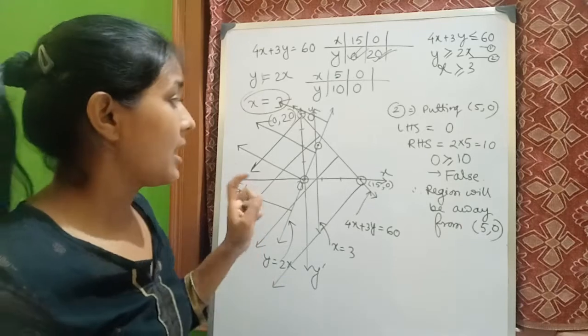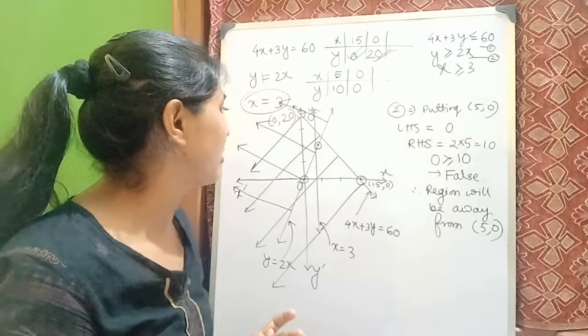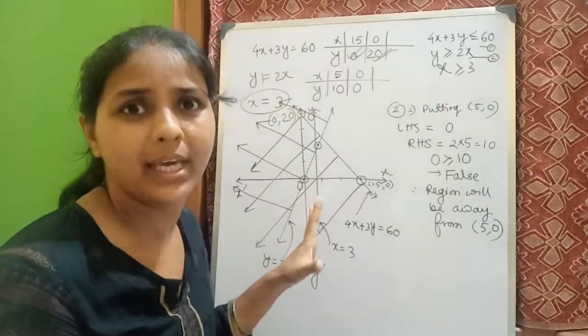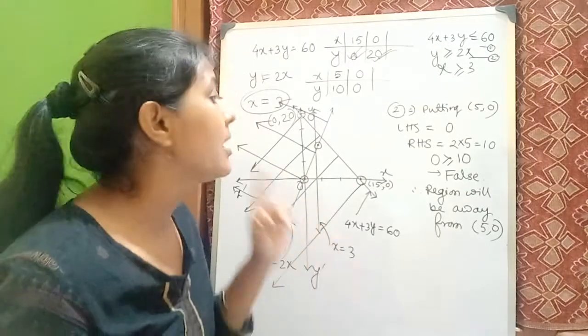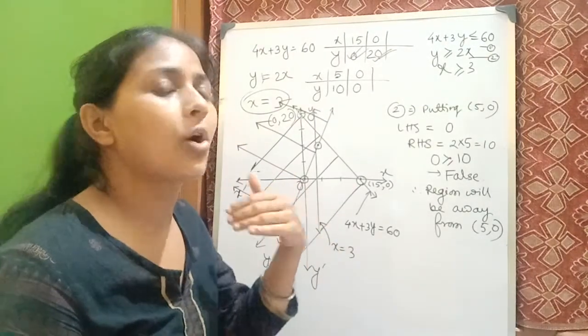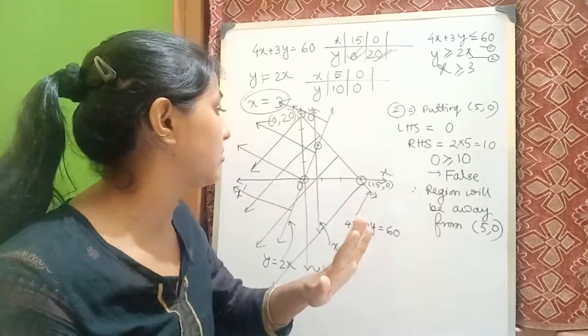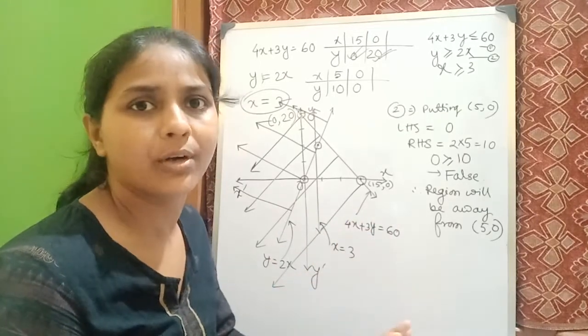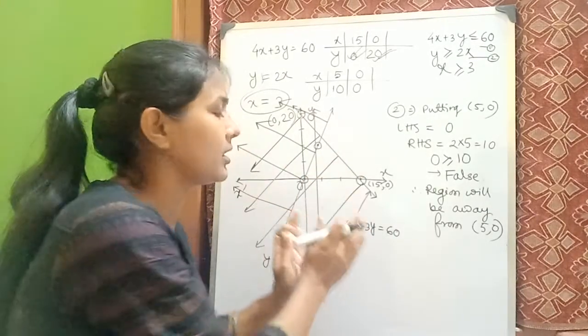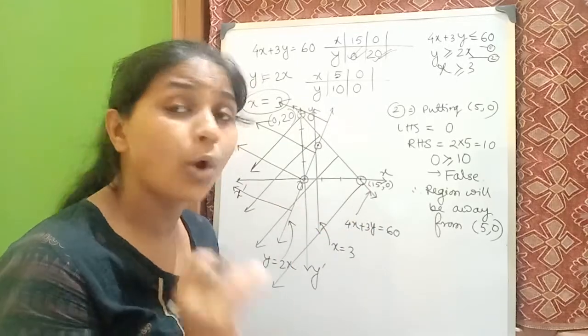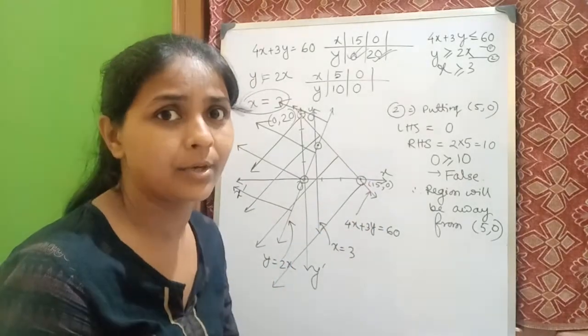Okay, you must be thinking that the figure is looking so hazy that you can't understand anything. But the easiest method for understanding the linear inequalities figure is to follow step by step.